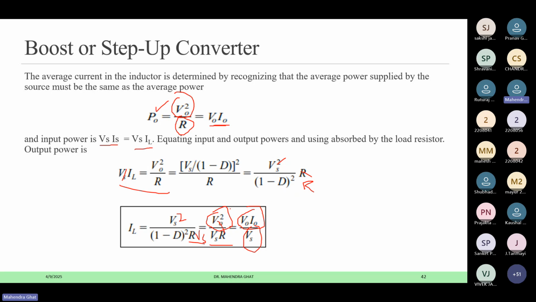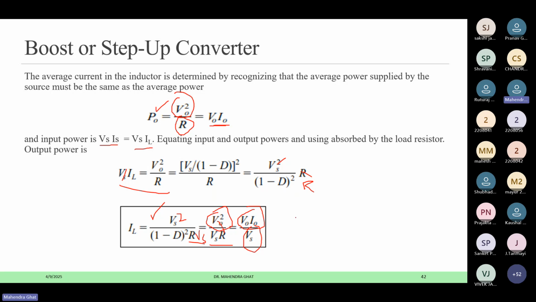Why are we writing different terms? Because sometimes we have the input voltage and the R value, and that time we can use this equation to calculate the IL. Sometimes we have the output voltage, input voltage and R value. Sometimes only the output voltage, output current and input voltage are given, and R is not given. In that case you can use this equation.